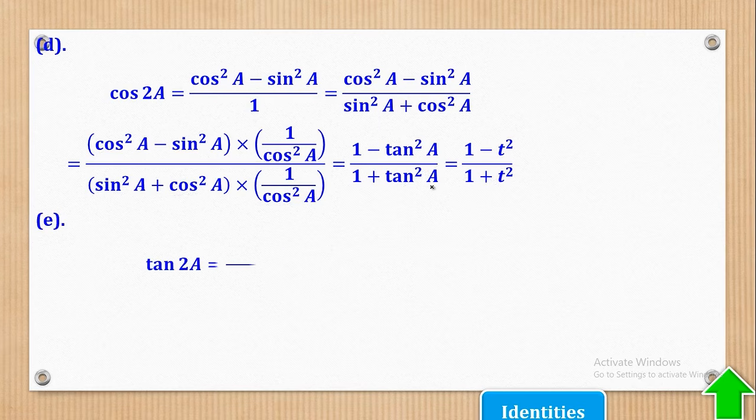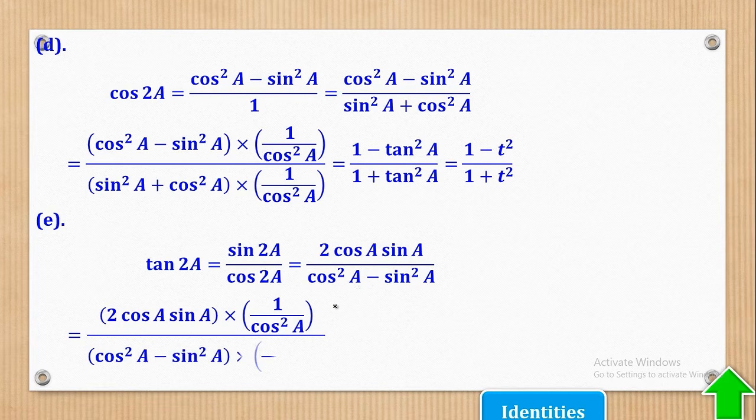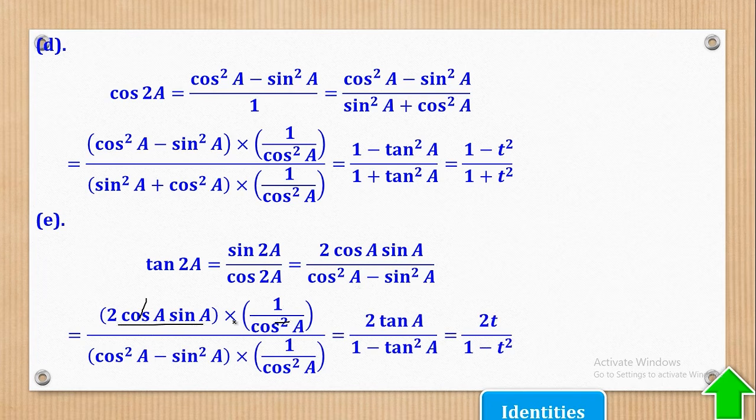So now we shall go to part E. So tan 2A, we know that tan 2A is equal to sine 2A over cos 2A. But we already saw that sine 2A is equal to 2 cos A sine A, and cos 2A is equal to cos squared A minus sine squared A. So since they want it in terms of tan, we shall divide both the numerator and denominator by cos squared A. So for this part, one cos goes away and the other cos makes this one tan, and here this with this gives 1.